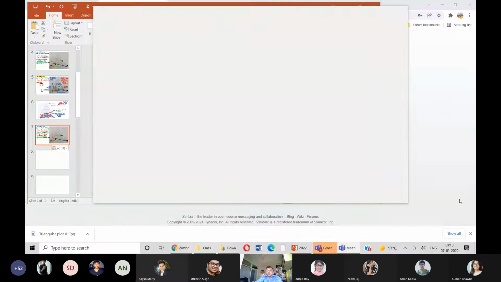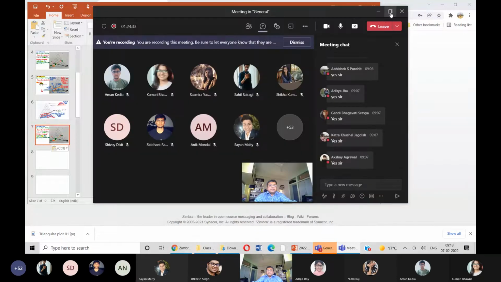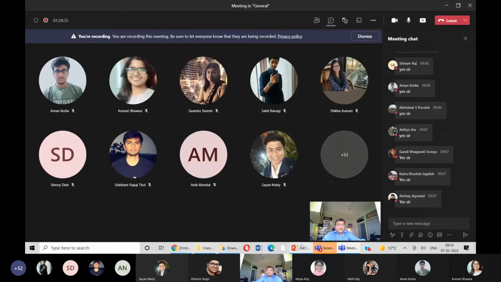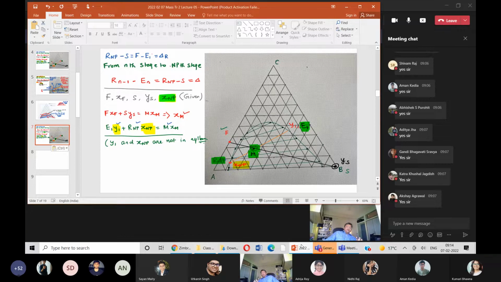Okay. So now, having understood this rather complicated construction, let us try to identify some means by which we can simplify it.